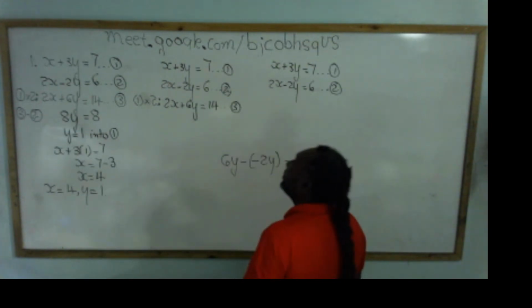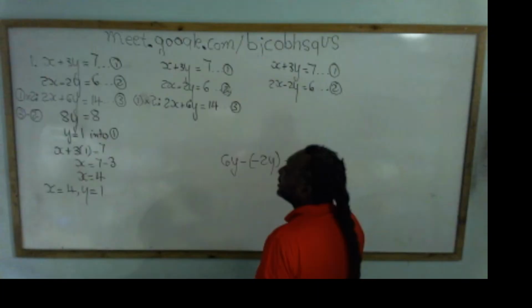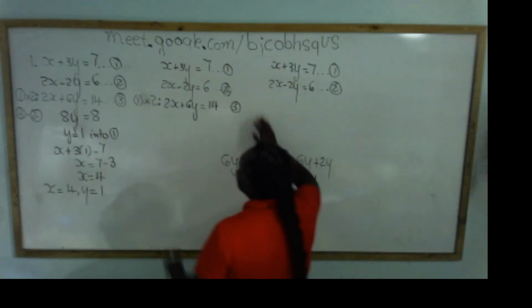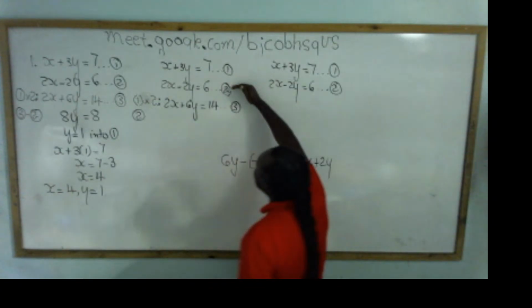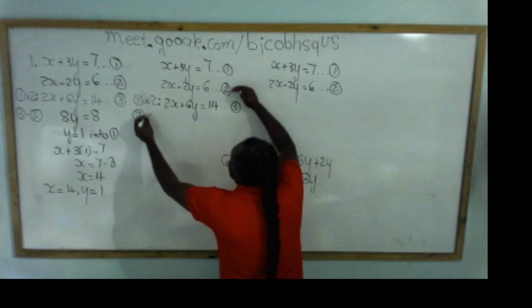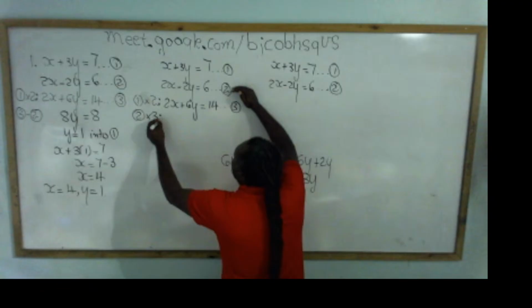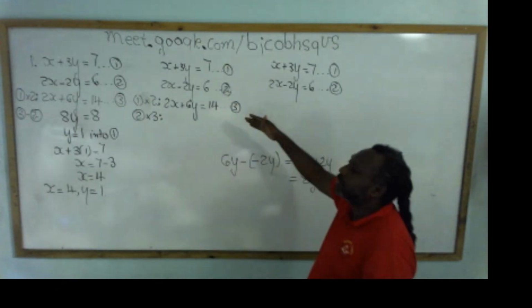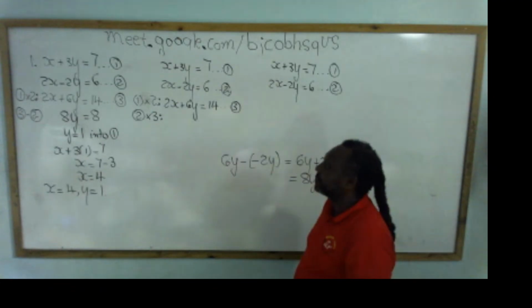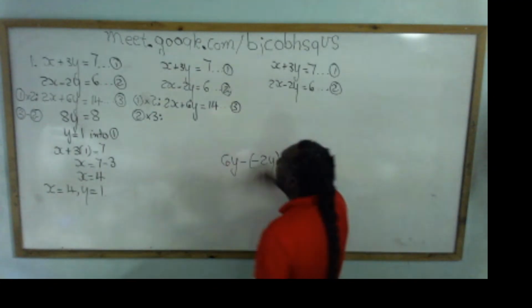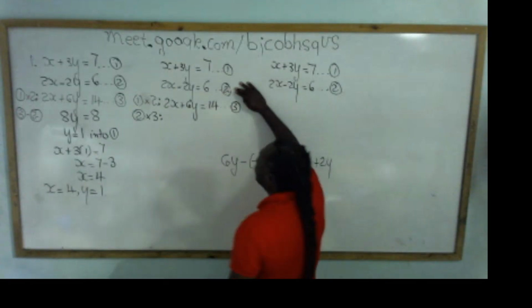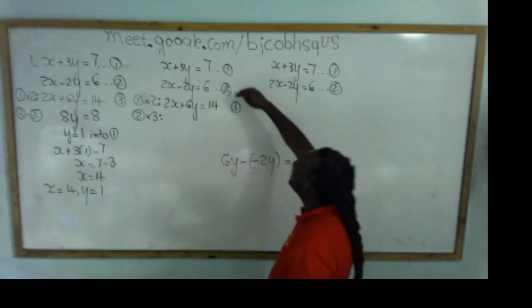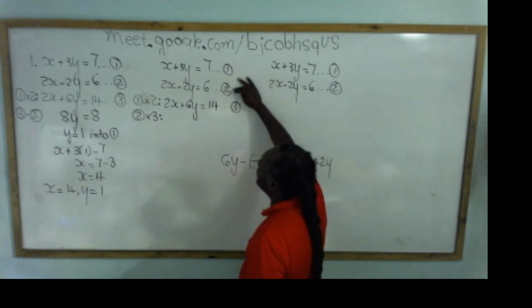Then, the student will go further to take equation 2, which is the equation right here, and multiply by 3. Of course, you realize immediately that this solution is poised to be longer. But so doing, you have what? Equation 2, and we're going to multiply that by 3.